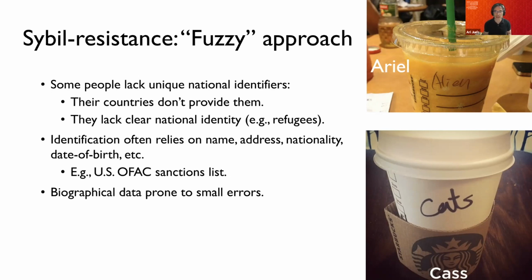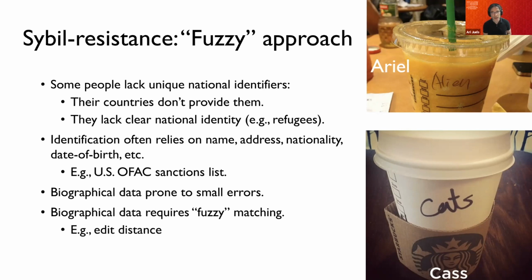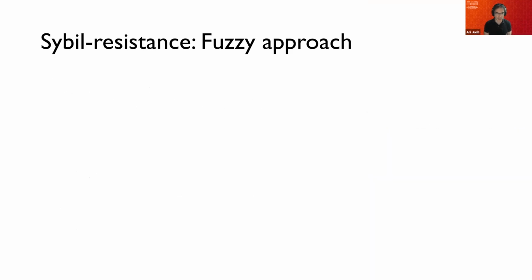And we have to take these small potential errors or misspellings or inconsistent transliterations into account. A natural notion of fuzziness here would be something like edit distance. So we consider a user's presented name to match a registered name if the edit distance is below some predetermined threshold. It's relatively easy to compute edit distance if you're not concerned about privacy.